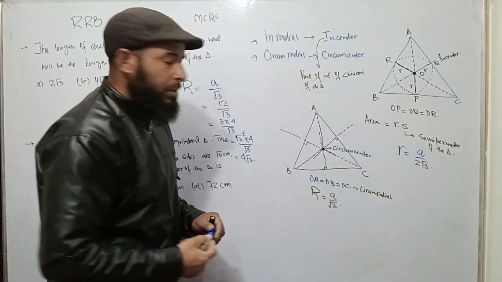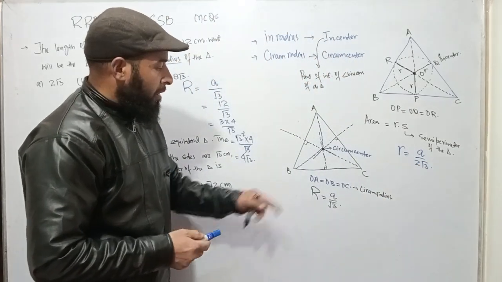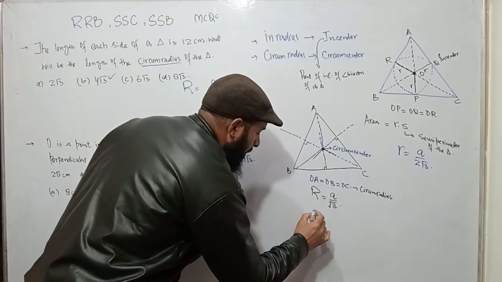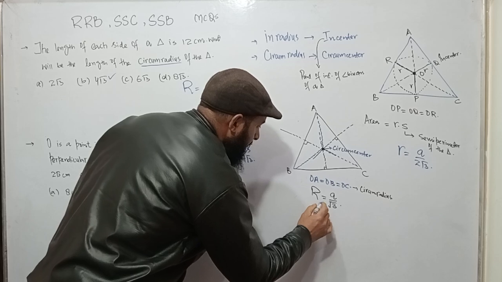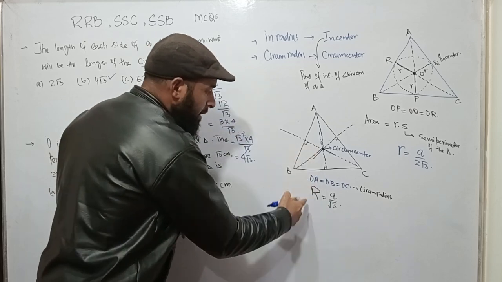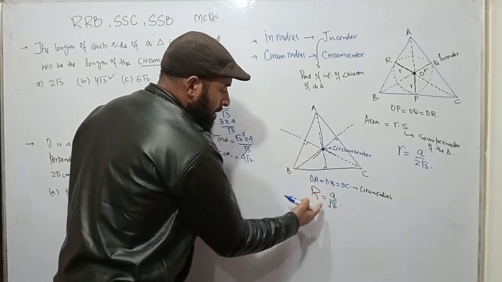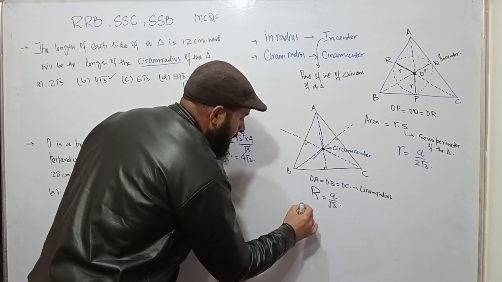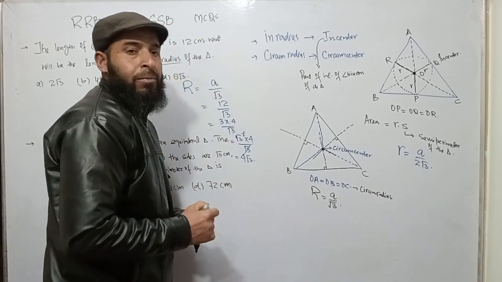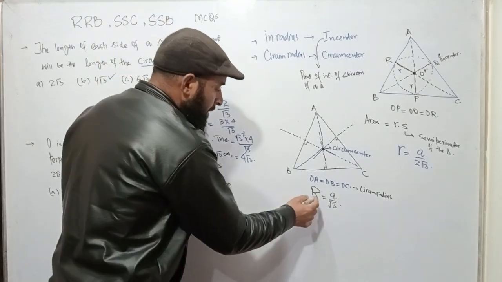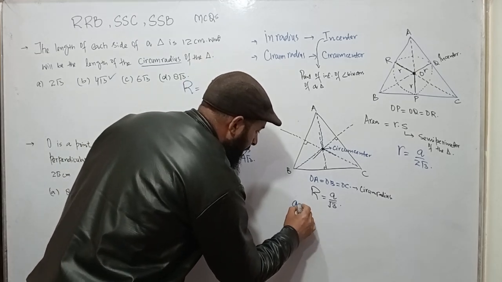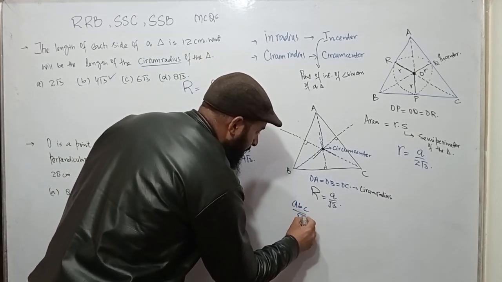And in case of ABC, R is equal to ABC upon root 3. You can find this R by the formula ABC upon root 3.